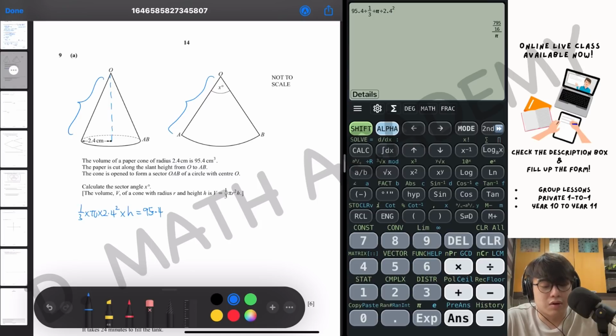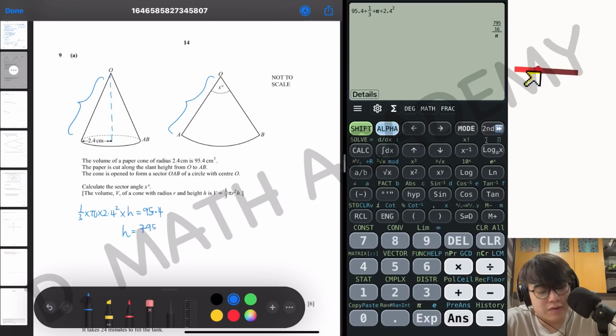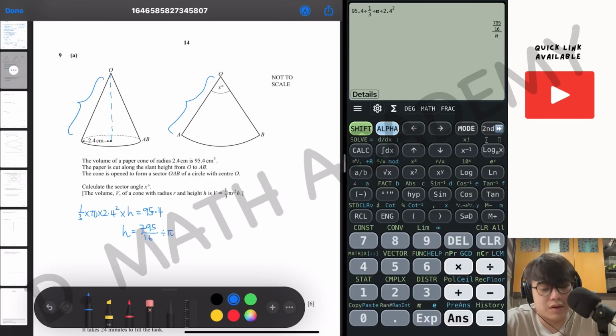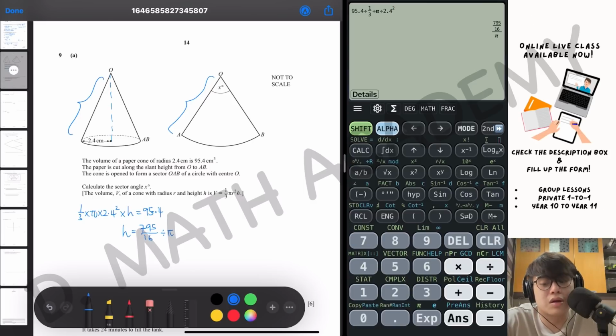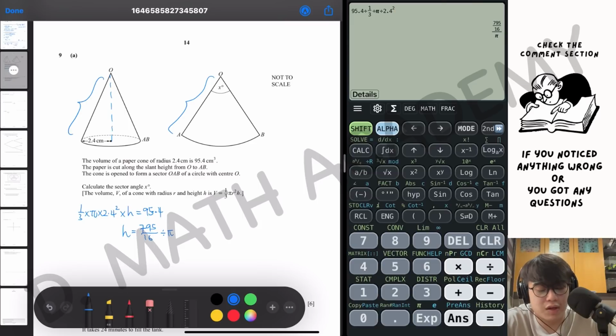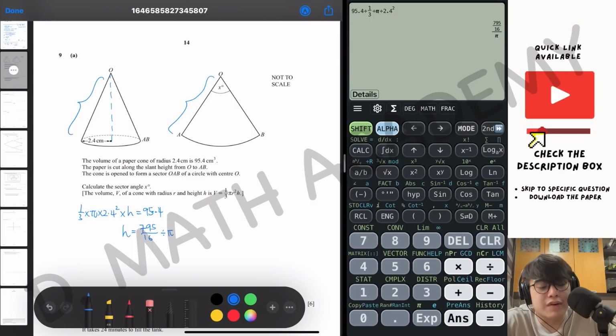Then you will get your h result as 795 over 16 divided by pi. Yeah, should be correct. So moving on, with this information, you can now identify your radius.